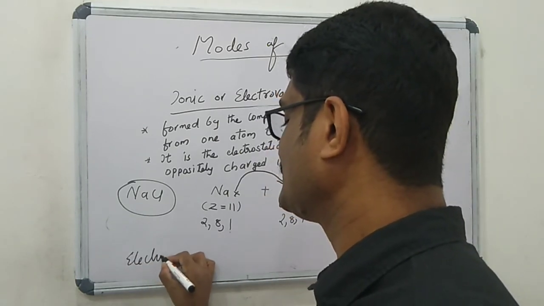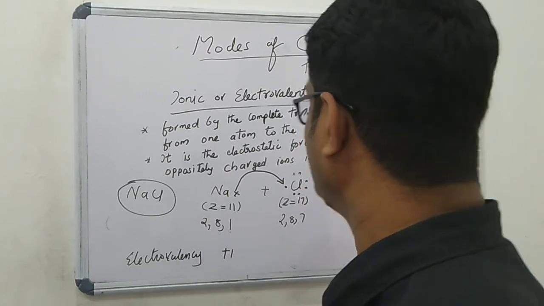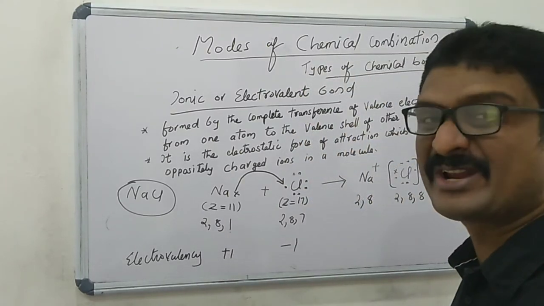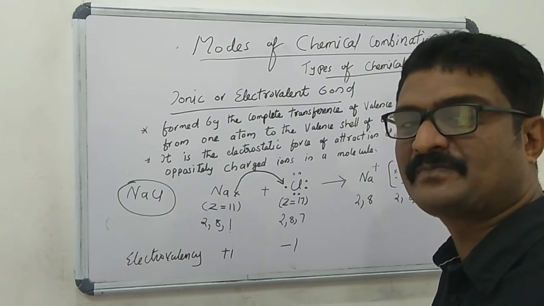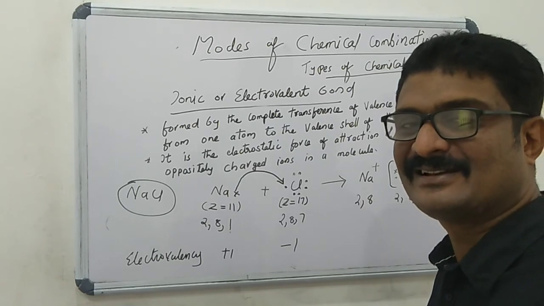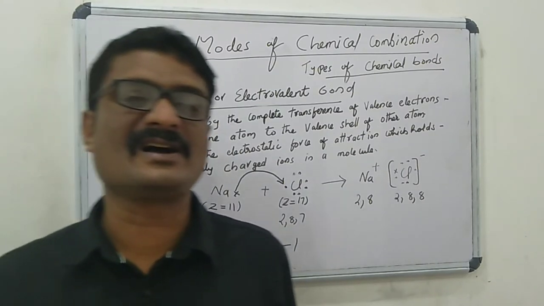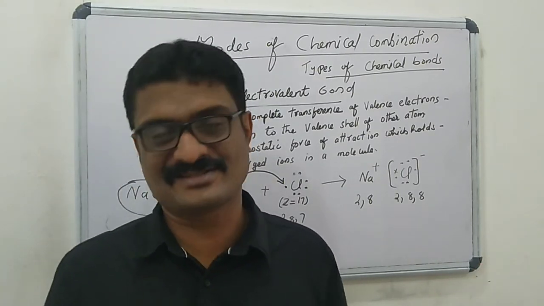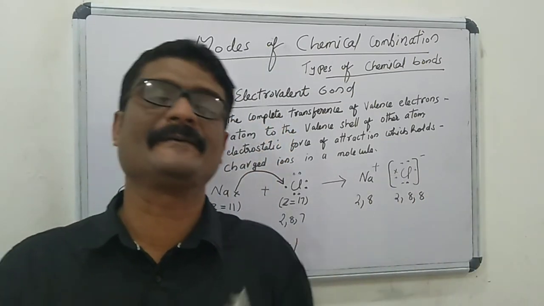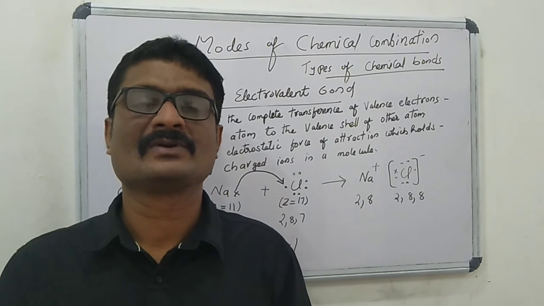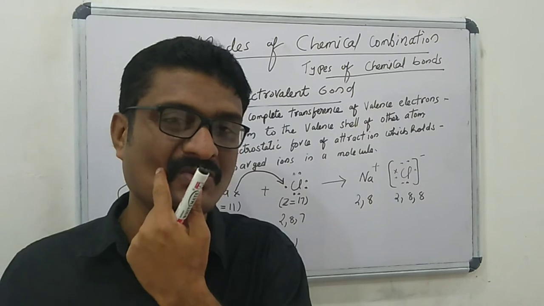The electrovalency of sodium is +1 and that of chlorine is -1. Sodium loses one electron and chlorine gains one electron. Electrovalency is the number of electrons lost or gained by an atom during the formation of ionic bonds.